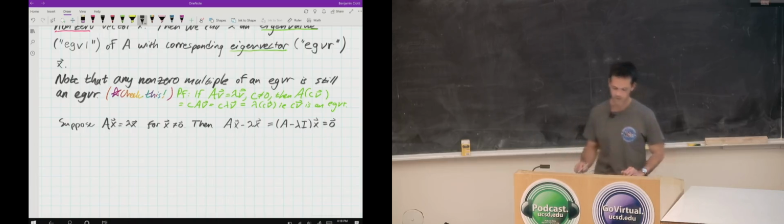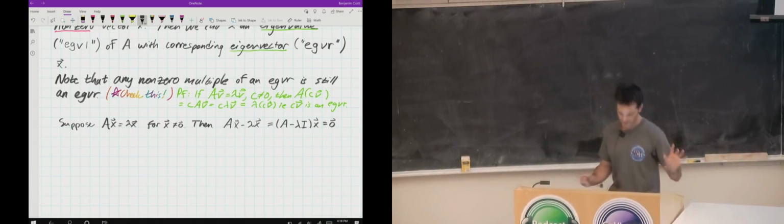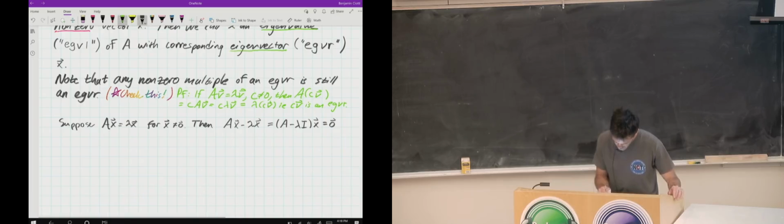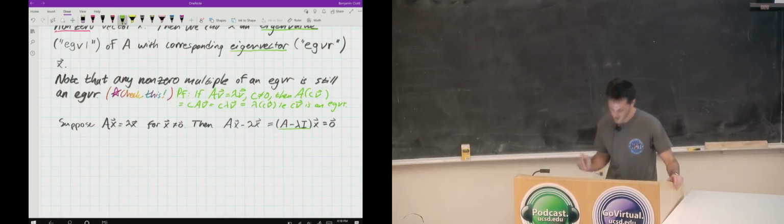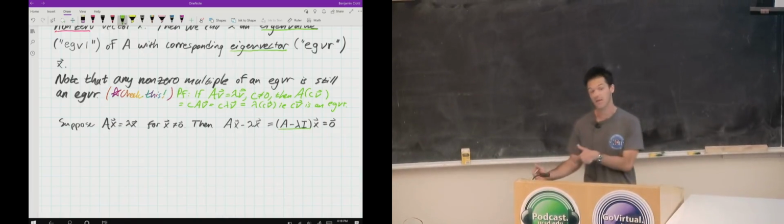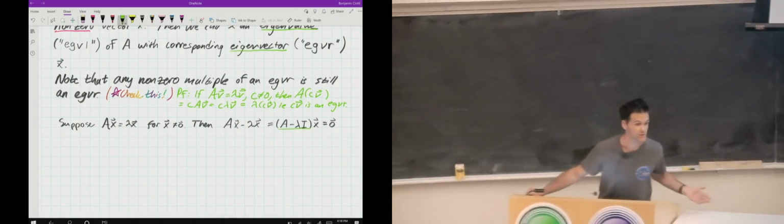So what do we have here? I have a matrix, A minus lambda I, acting on a vector which is not 0, but we're getting 0.